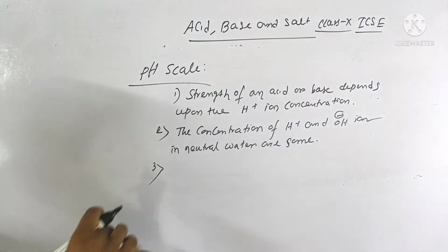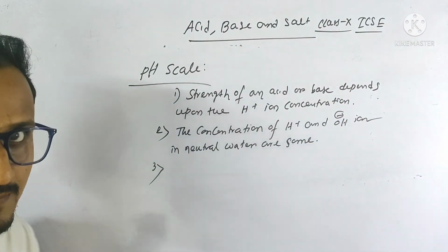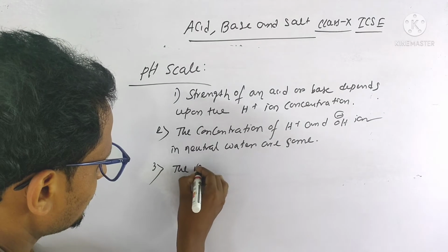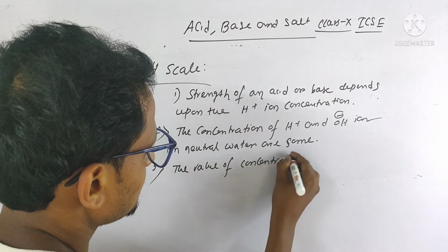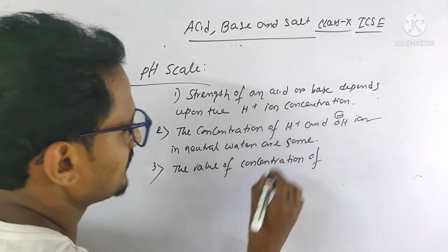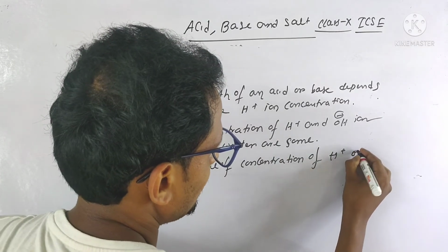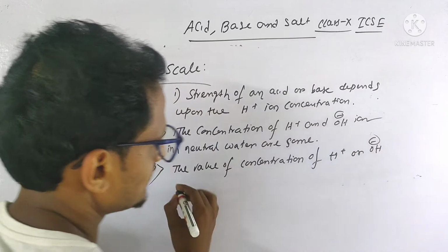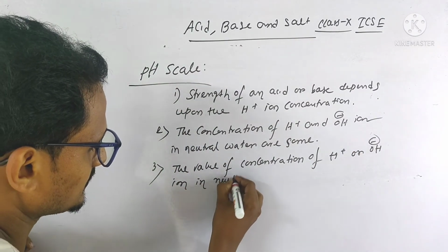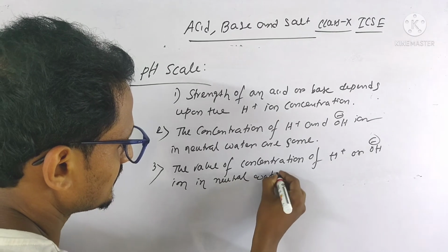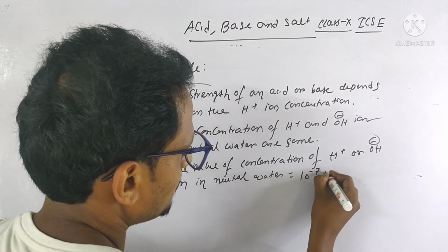Now what is the concentration of H plus and OH minus ion in neutral water? The value of the concentration of H plus or OH minus, as it is the same, in neutral water is 10 to the power minus 7 mole per liter.